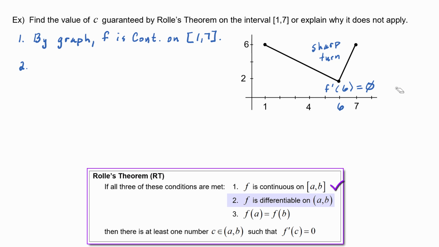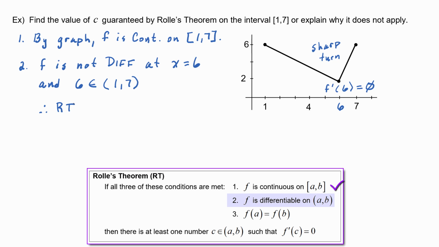So since f prime of 6 is undefined, we know that f is not differentiable at x equals 6. And 6 is contained in our open interval that we care about from 1 to 7. So therefore, Rolle's theorem does not apply.